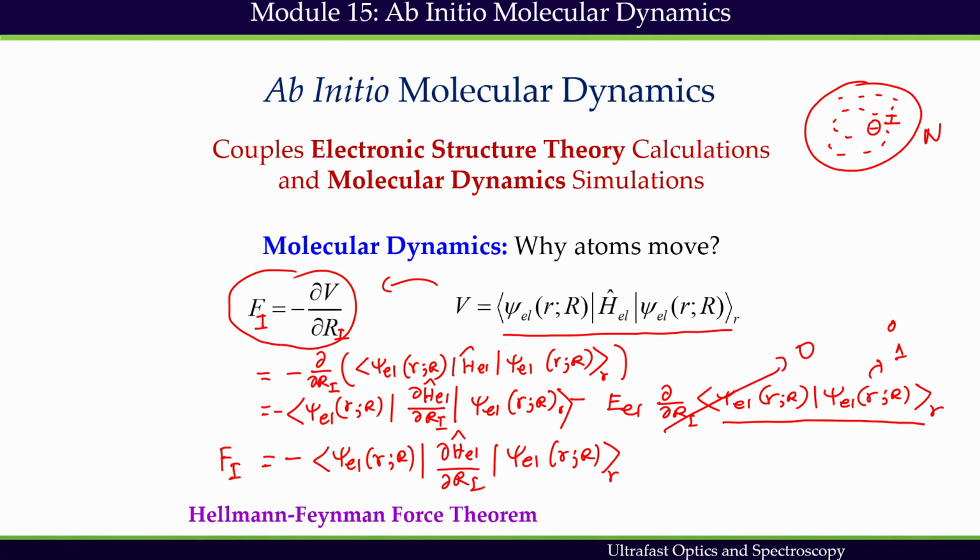This is the expression for the Hellman-Feynman force, and because of that force, nuclei will always move, and the ultimate motivation in molecular dynamics is to reduce this force in a system.